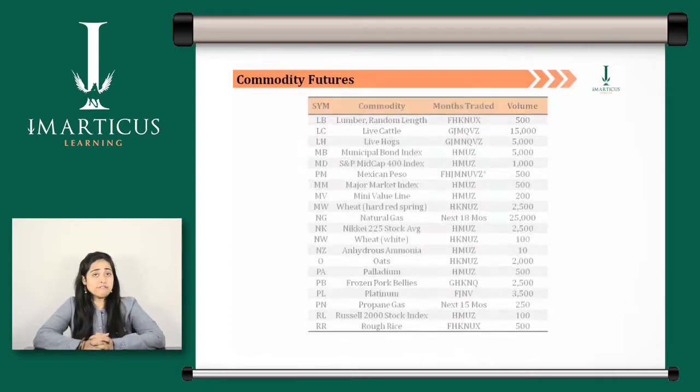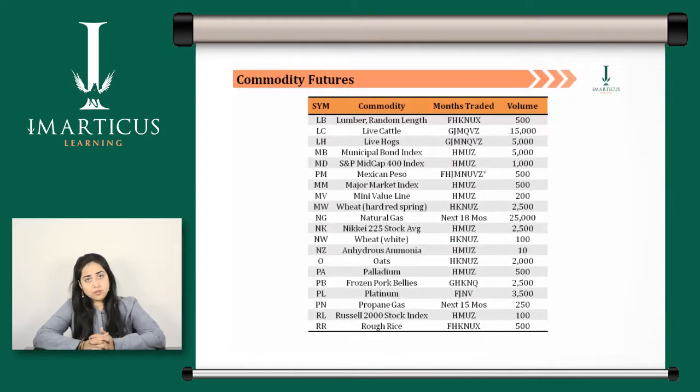Similarly, here we have LH for live hogs, PM for Mexican peso, NG for natural gas, NK for Nikkei 225 stock average, O for oats, RR for rough rice, etc.